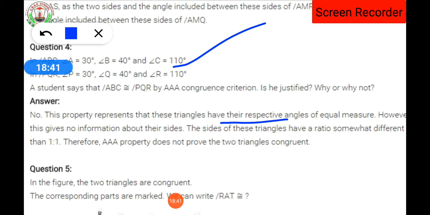The sides of this triangle may have a ratio somewhat different from 1:1. Therefore that property does not prove that the two triangles are congruent. That property is not a congruence criteria at all, so where will the proof come from, isn't it? So we can say that angle congruence criteria does not exist. Hence, it is not valid.